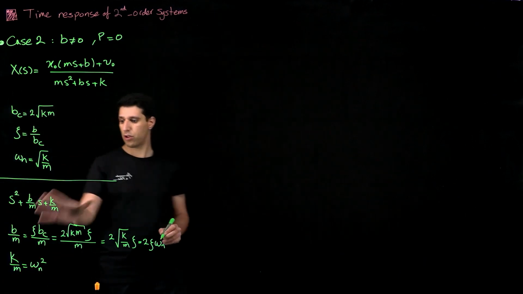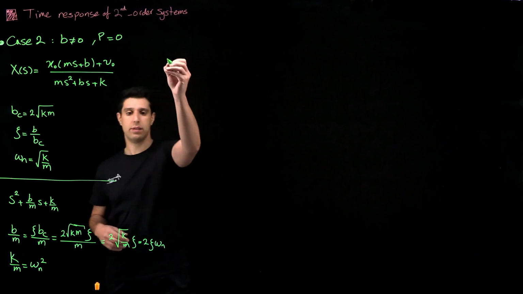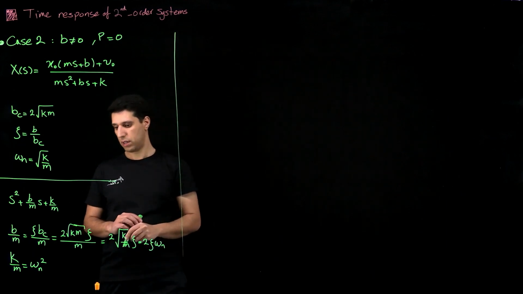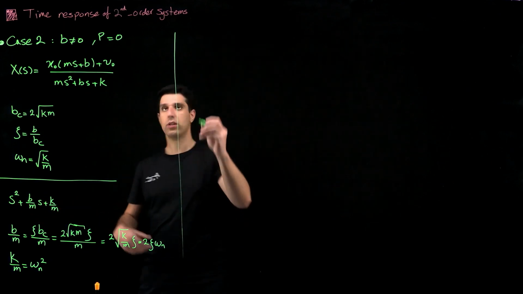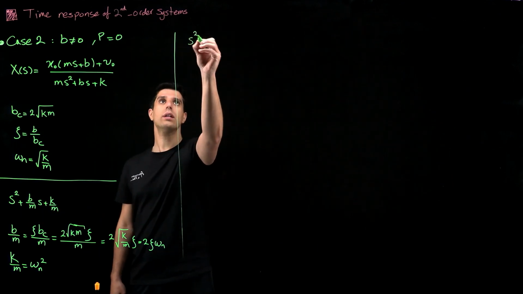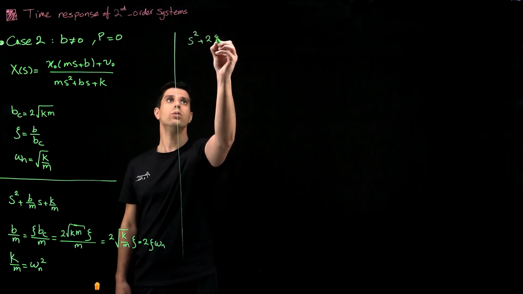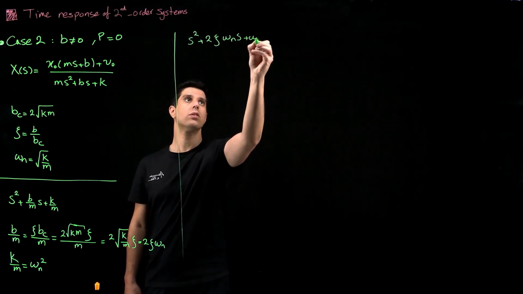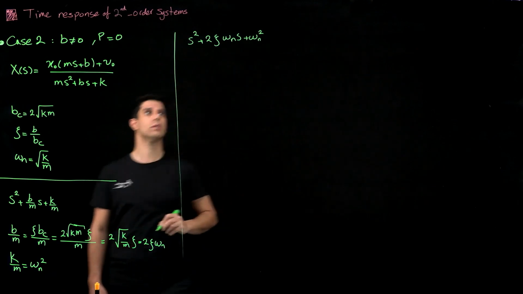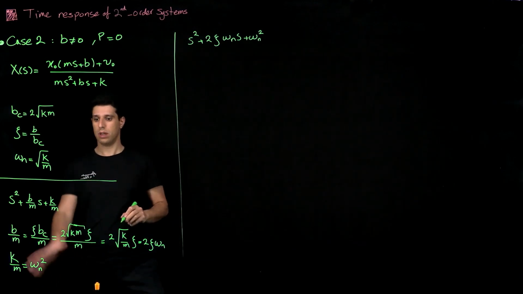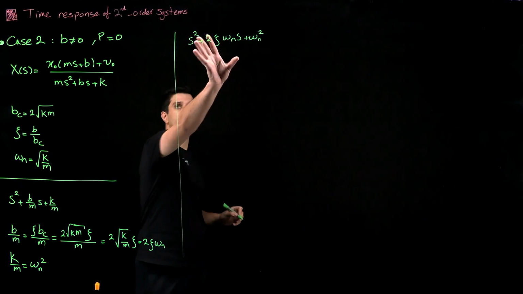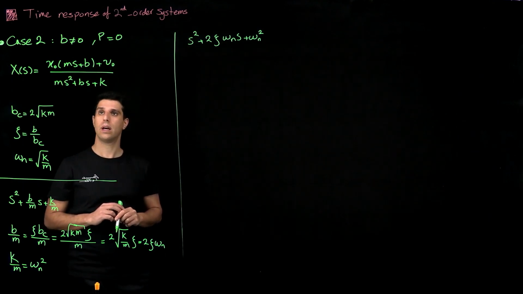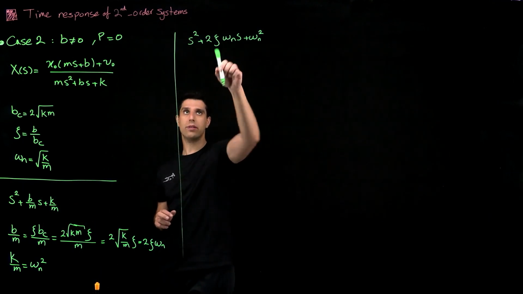So if I use these to rewrite my denominator, my denominator will look like this: s squared plus 2 zeta omega n s plus omega n squared, maybe equal to 0, but this is the denominator of my system that defines the characteristics.